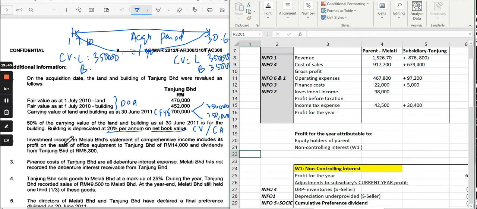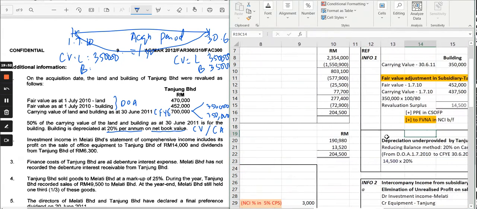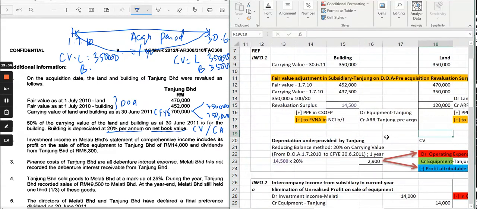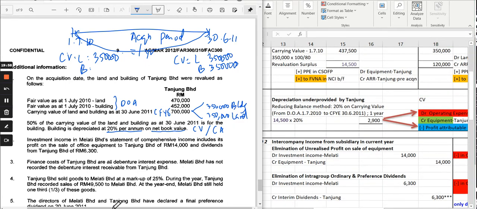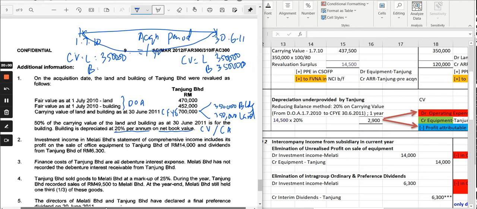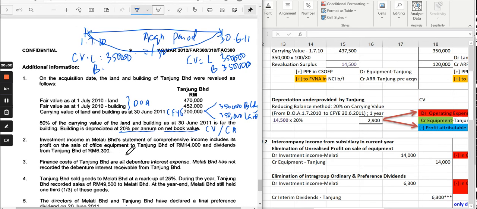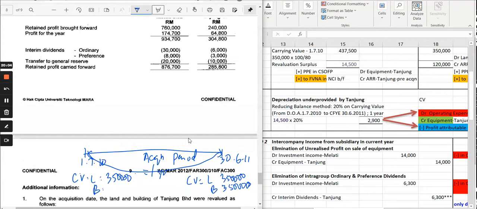Next is the investment income. Investment income, if you look at information number 2, here. Investment income in Melati's statement of comprehensive income.